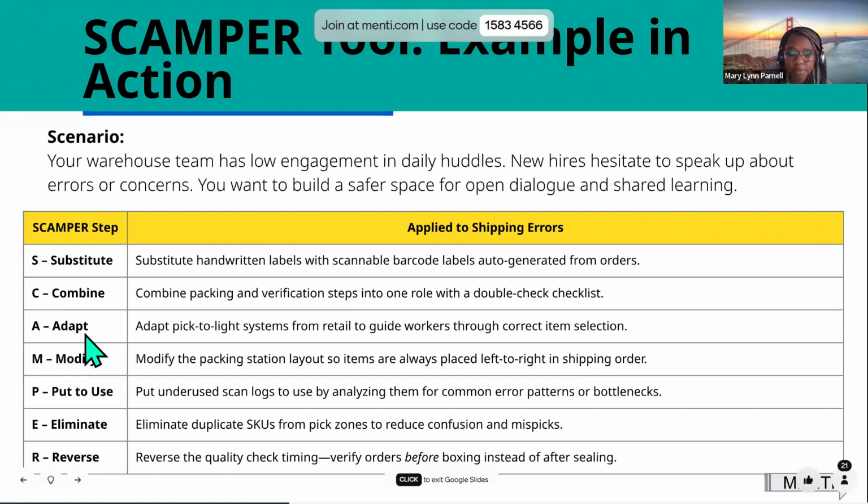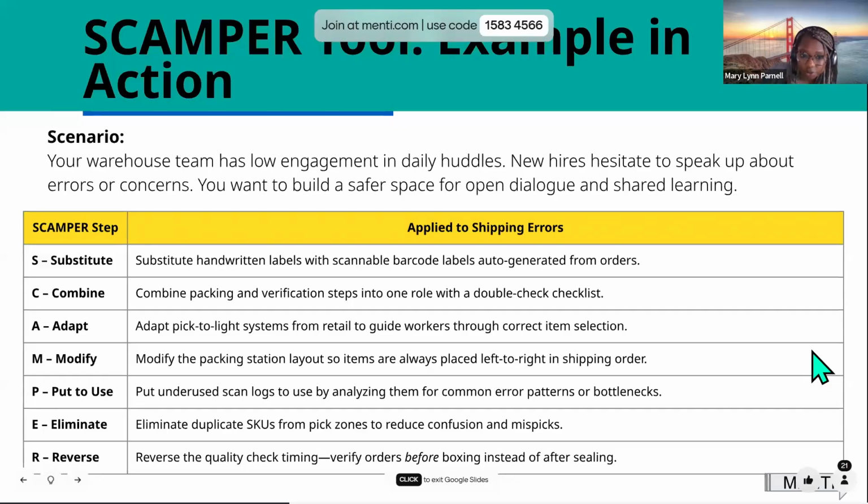What can we adapt? We can adapt pick to light systems from retail to guide workers through correct item selection. What can we modify? We can modify the packing station layout so items are always packed left to right in shipping order. What can we put to use?